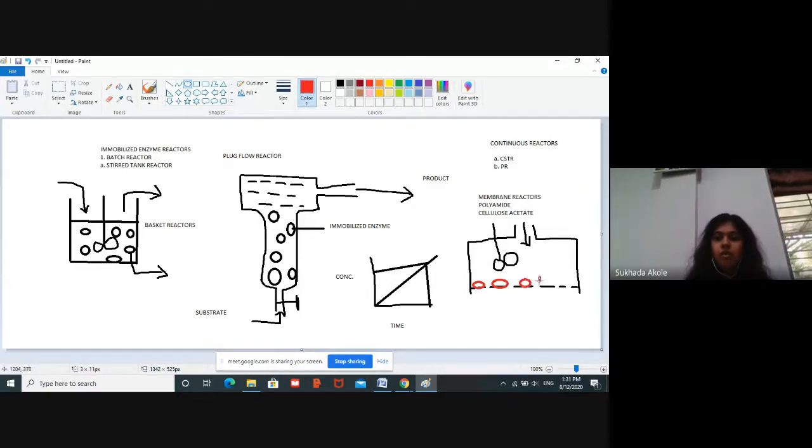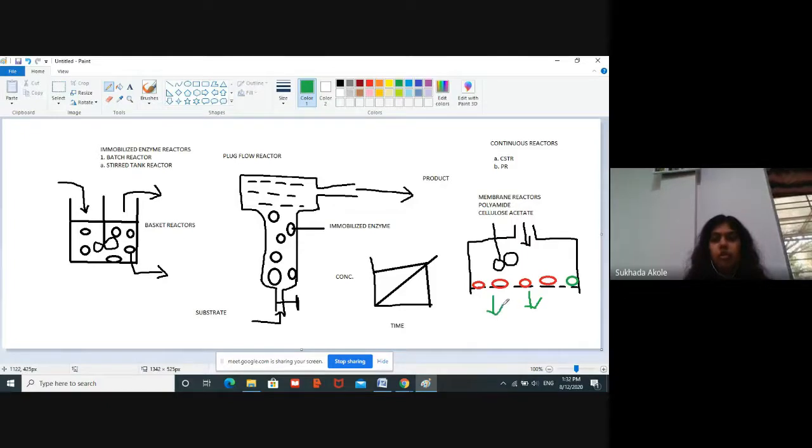Since my membrane is porous, my substrate will enter into the system. It will get mixed up using a stirrer. It will react with the membrane here, and my final product will move out from here, out of the membrane.